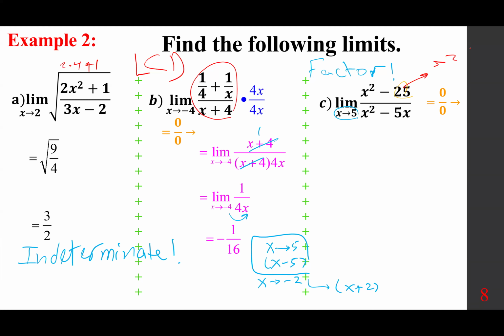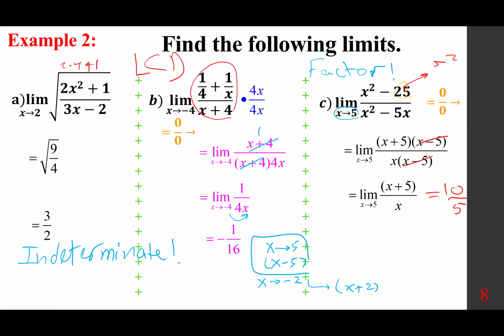That means a squared minus b squared, which is a minus b times a plus b. So we get x plus 5 times x minus 5 in the numerator. We drop the x minus 5 from the top and the bottom. Now, if you plug in 5, you get 10 over 5, which is equal to 2.